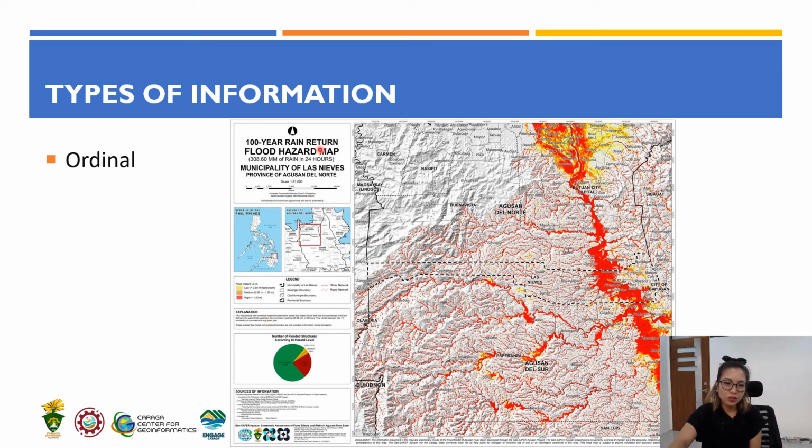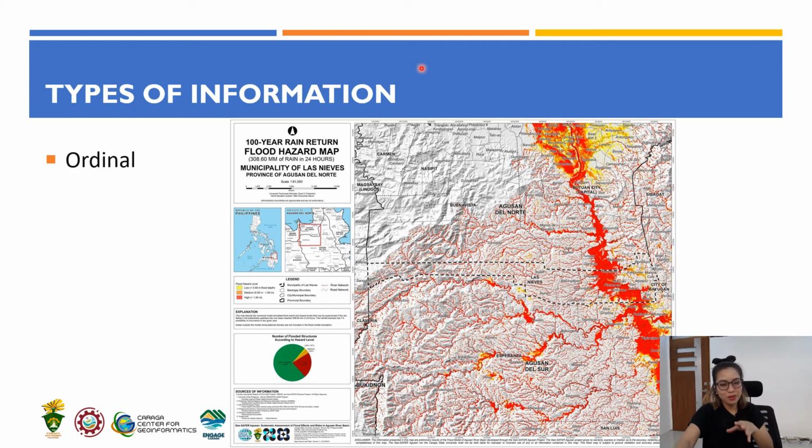If I remember correctly, the explanation is text containing what a 100-year rain return flood hazard map means, with rain in 24 hours. It is some sort of explanation of what the map means.